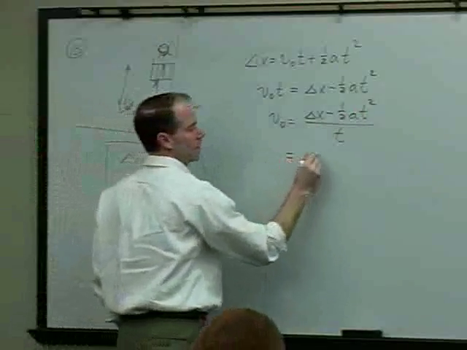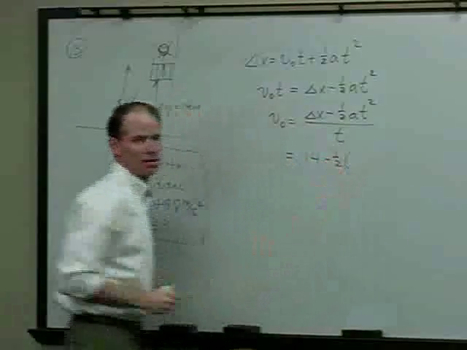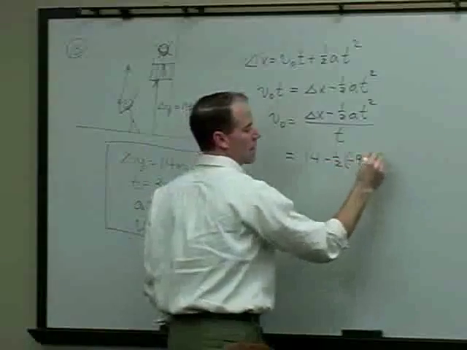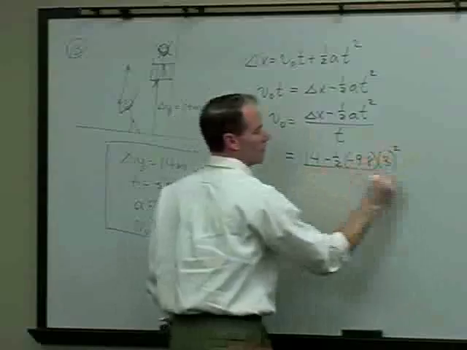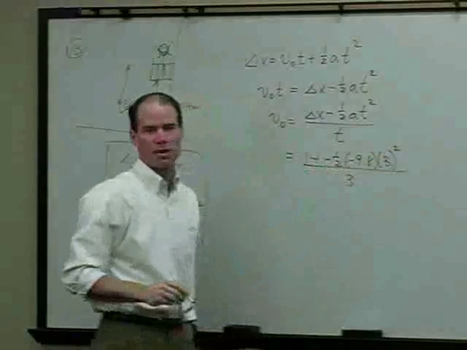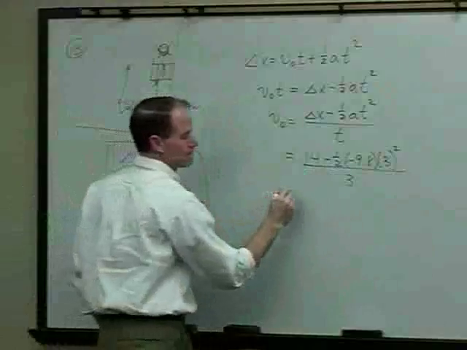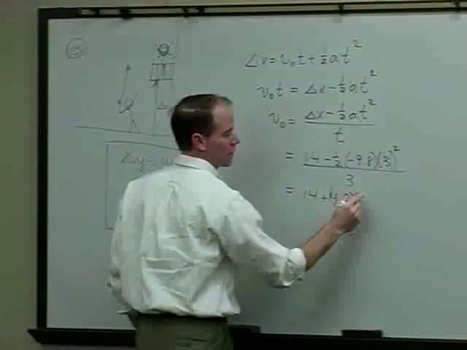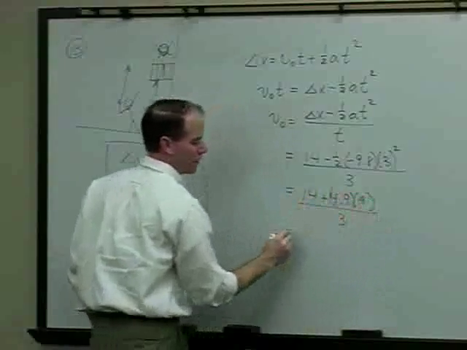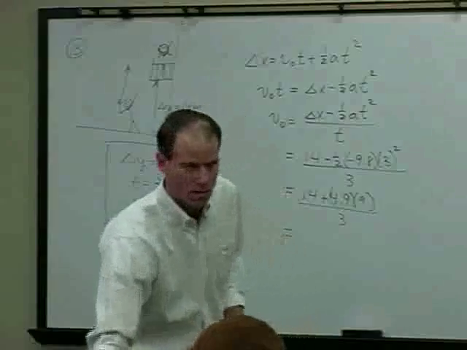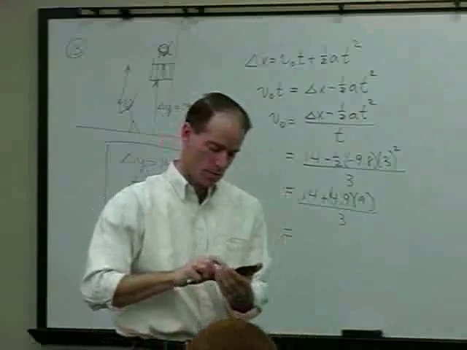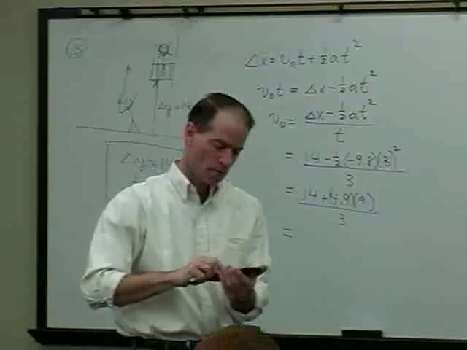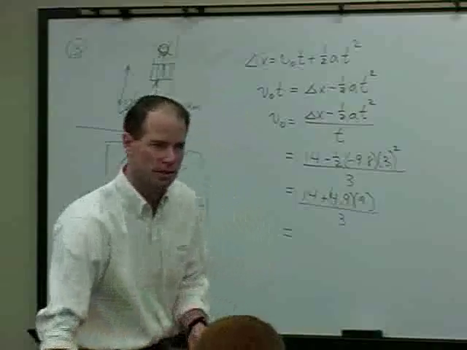So that's going to equal 14 minus 1/2 times a negative 9.8 times 3 seconds squared, over 3 seconds. So negative negative is going to be positive. So this will be 14 plus 4.9 times 9 over 3. 19.436.